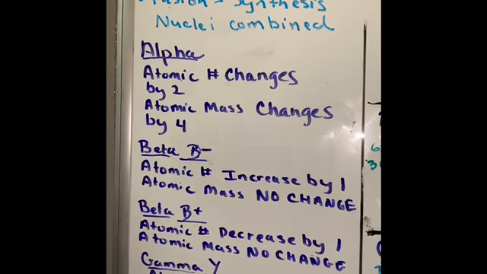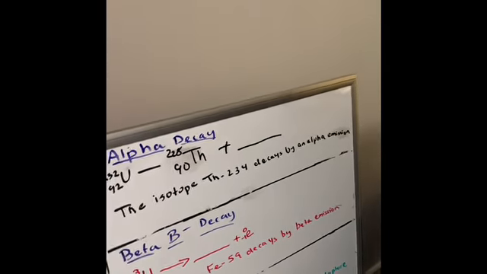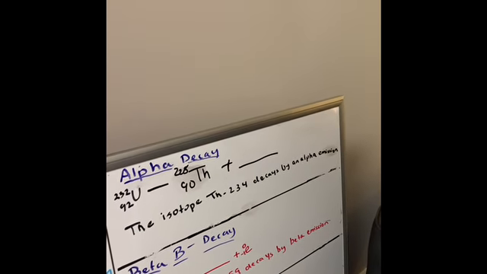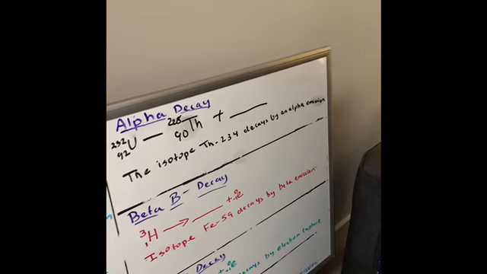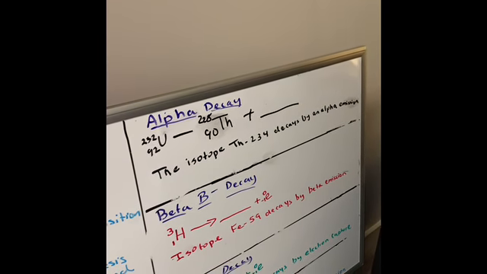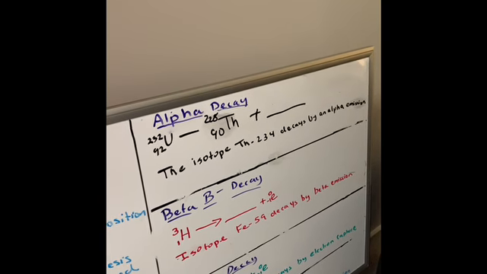So we're going to start over here on this side of the board where we see examples of what we call alpha decay. And so remember, the rule for alpha decay is that the atomic mass is going to change by 4, and the atomic number is going to change by 2.